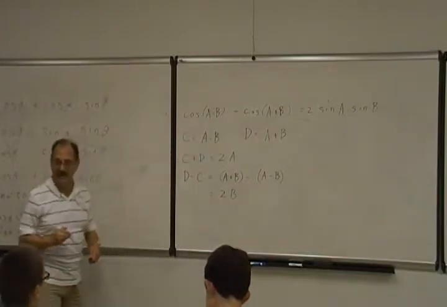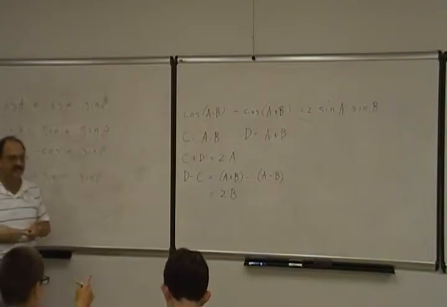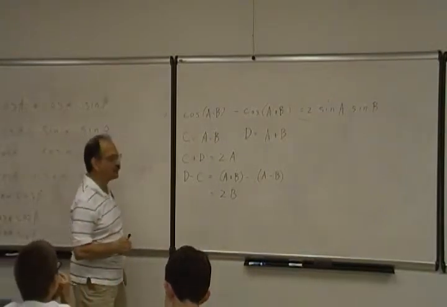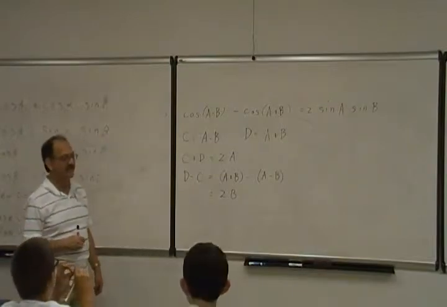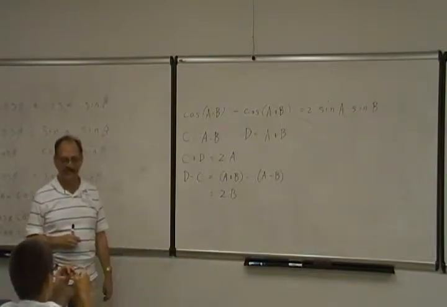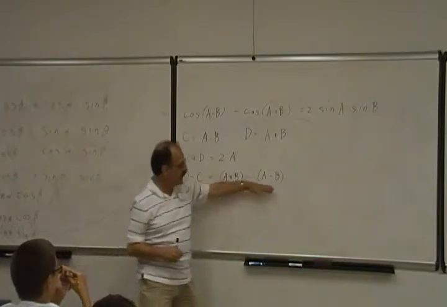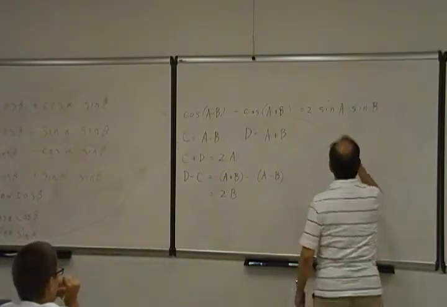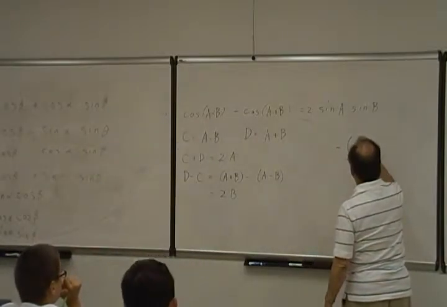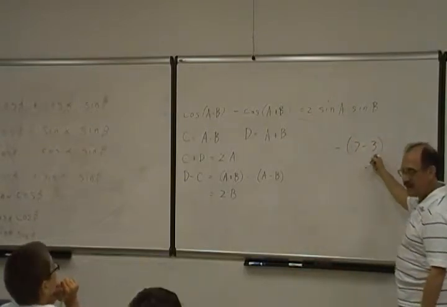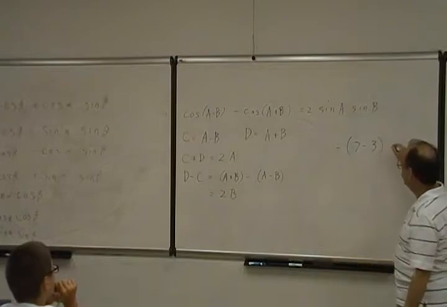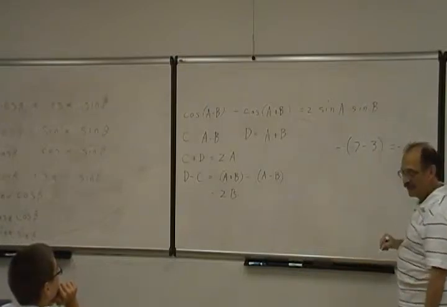If I have minus the quantity 7 minus 3, 7 minus 3 is 4, so this is minus 4, right?